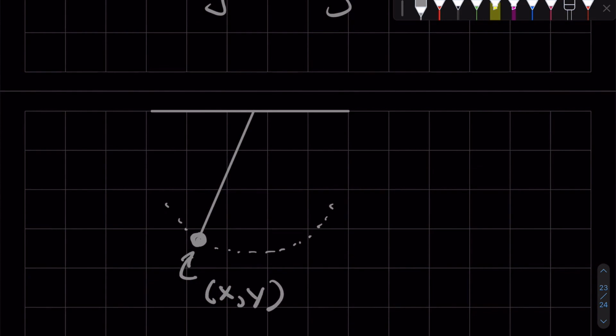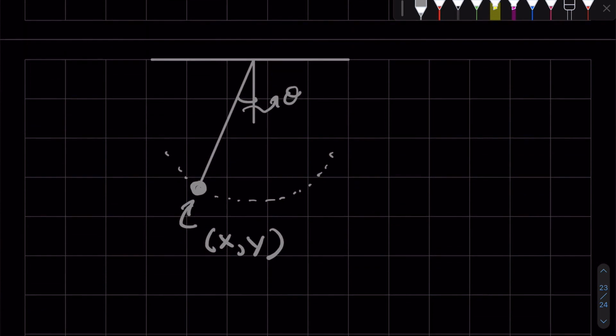But we know that because the bob of the pendulum is constrained to move on a circle, it's actually adequately and accurately described by just one number, an angle theta. So this is an example of a system which has only 1 degree of freedom.